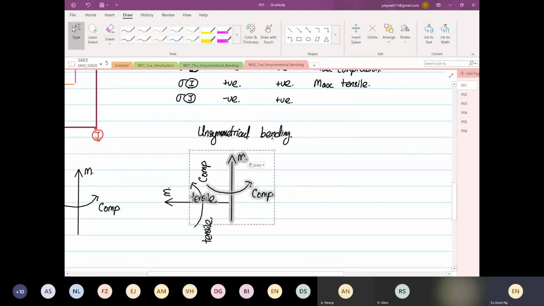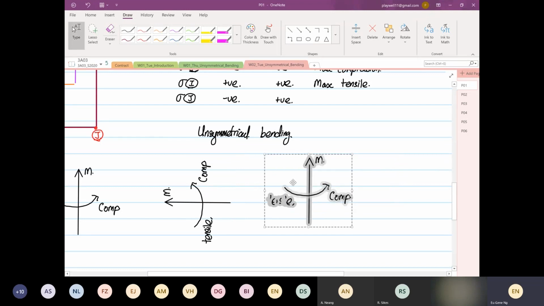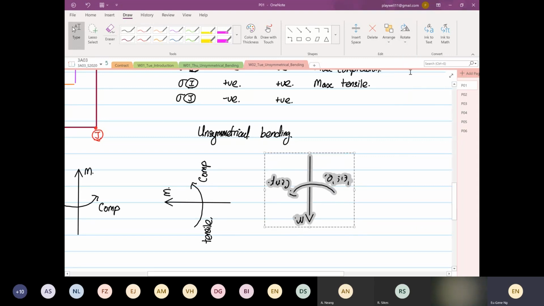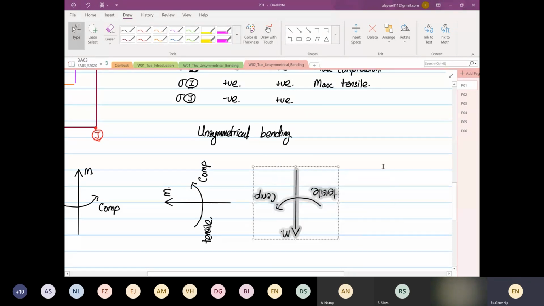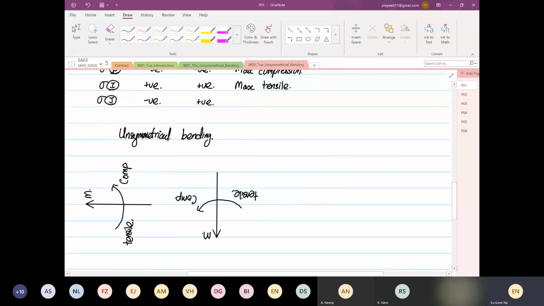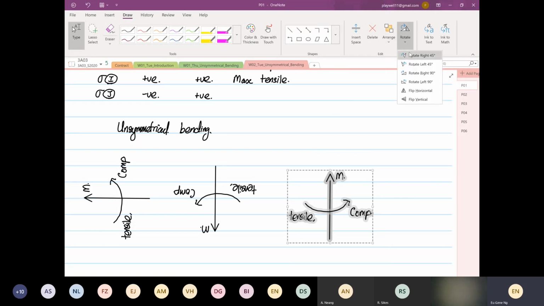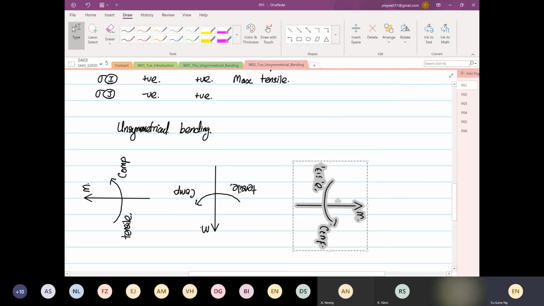You paste, then you rotate. I know you guys think, what the hell is he doing? Is he crazy or what? Okay, so you rotate again. So when the moment arrow is pointing downwards, compression and tension is that way. And then finally, it is done in the other direction. Okay.